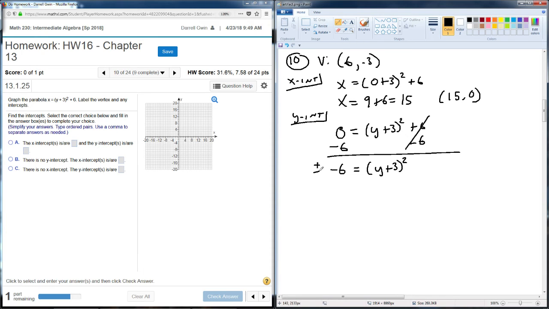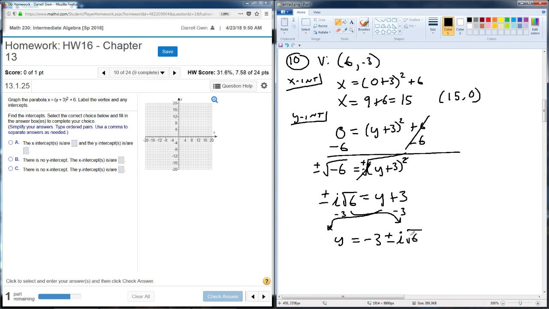Then you do plus or minus the square root. The 2 and the square root cancel out. You have plus or minus i square root of 6 equals y plus 3. And you just subtract 3, so y equals negative 3 plus or minus i root 6.